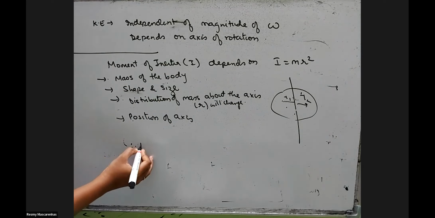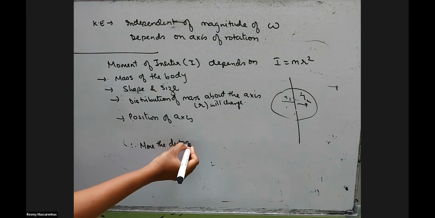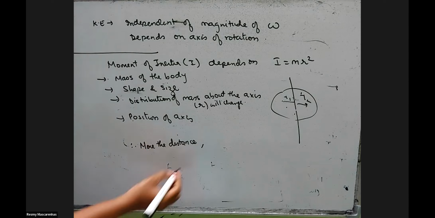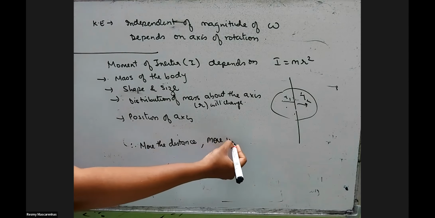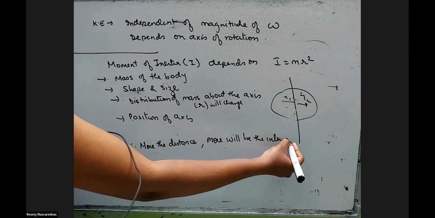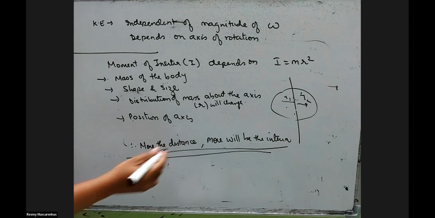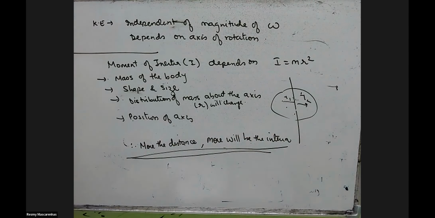So remember, the more the distance, the more the inertia. More the distance means distance of the body from the axis. More will be the inertia.